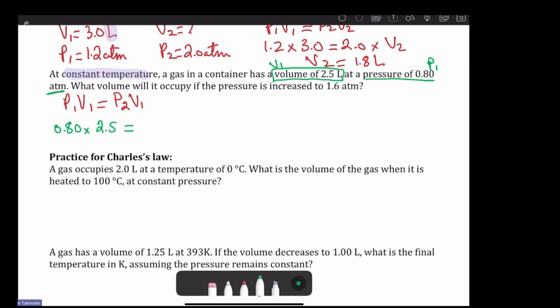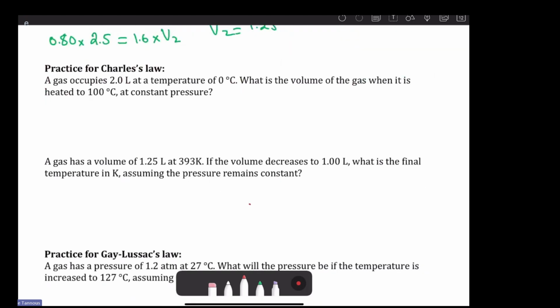What will be the volume if the pressure is now 1.6? So 0.8 times 2.5 over 1.6. The V2 is 1.25, and you follow the unit. The first volume is given in liter, so you write it in liter.